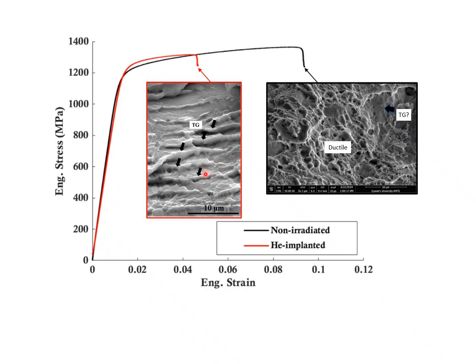Actually, this was not just testing, it was helium implanted and then tested. So what this says to me is that we get some segregation, some perforation of the boundaries, and when we do the testing, it's a little bit more brittle, and you get ultimate failure where you get helium segregation at the interface.